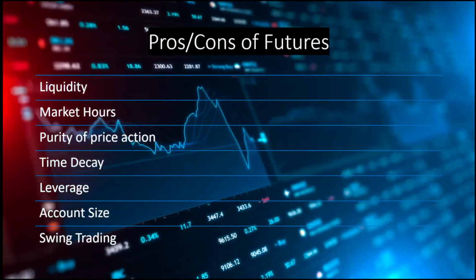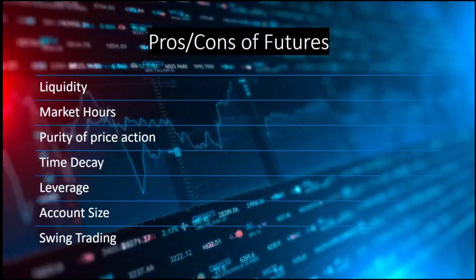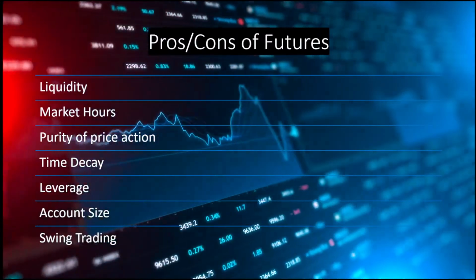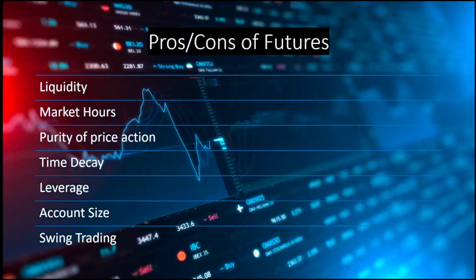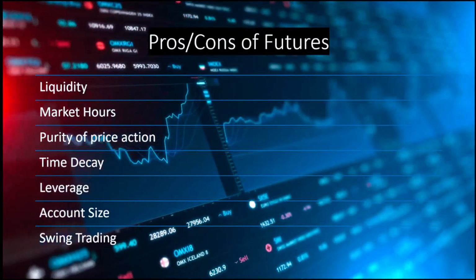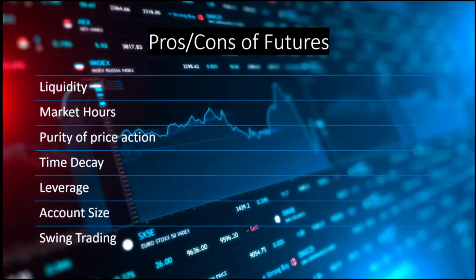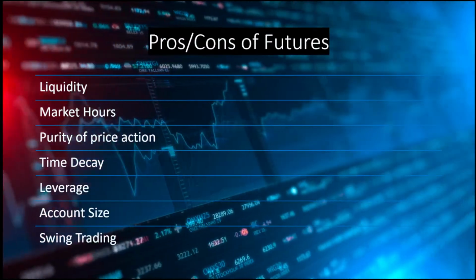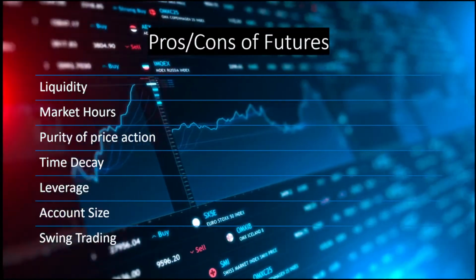You could trade one MES or one ES even, literally all day long. And assuming that you don't hit liquidation, which we'll talk about later, you can trade that contract all day long. So it's a really big advantage of using that leverage, appropriately of course.